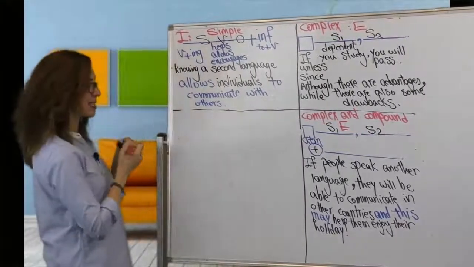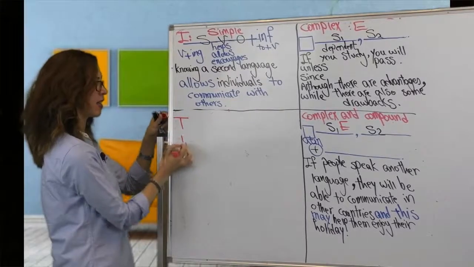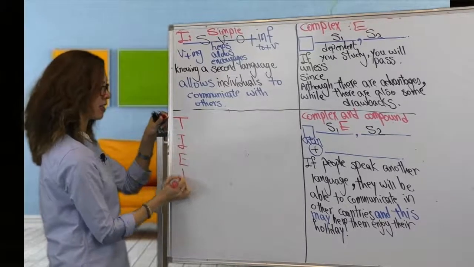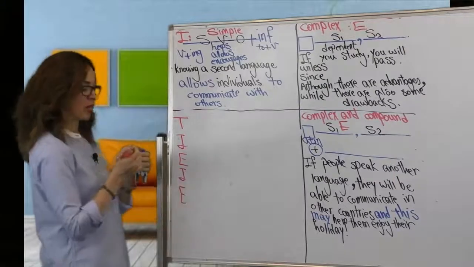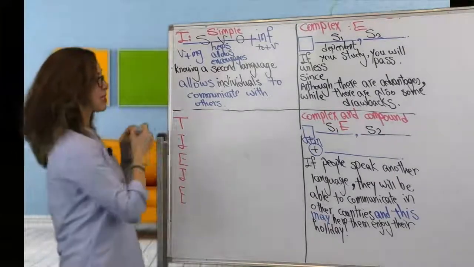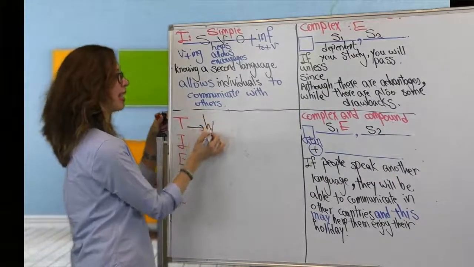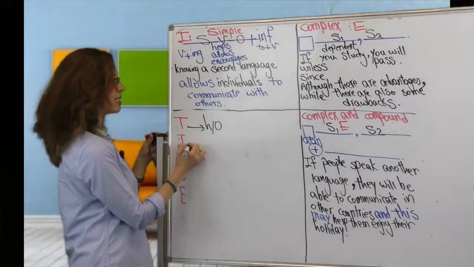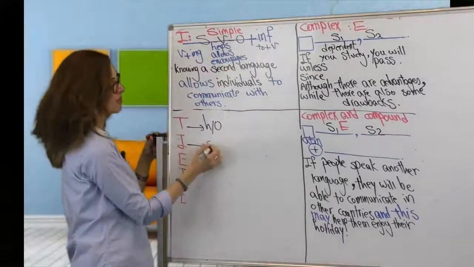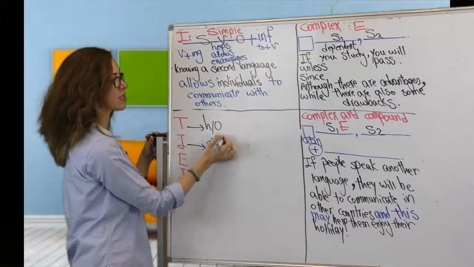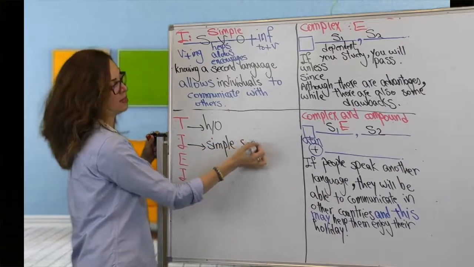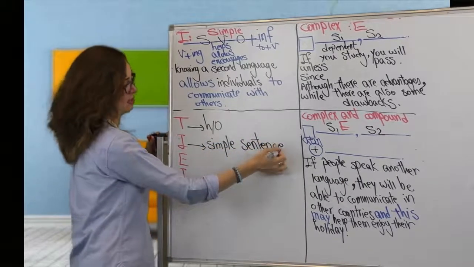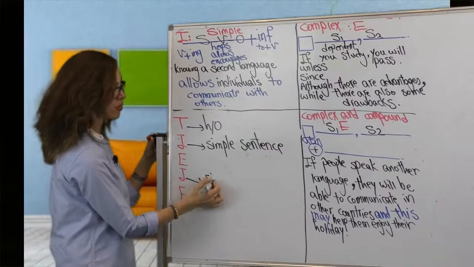So we had the T, I, E, I, E. Well, the T comes from your handouts. The I is a simple sentence. Can be simple both times.